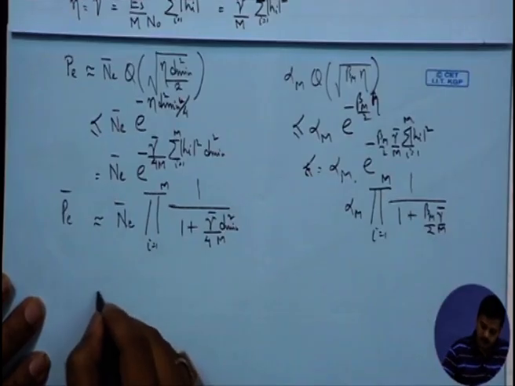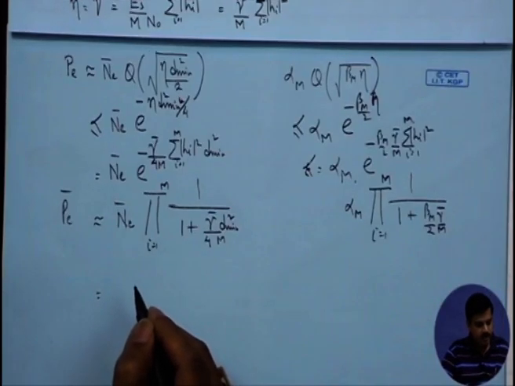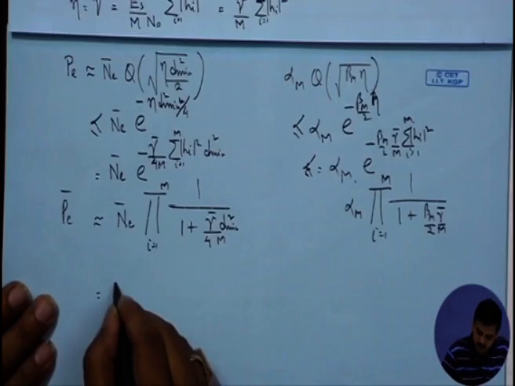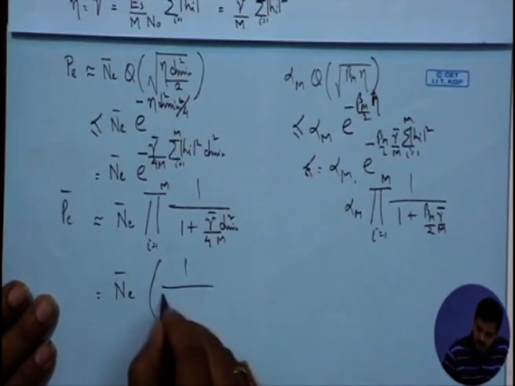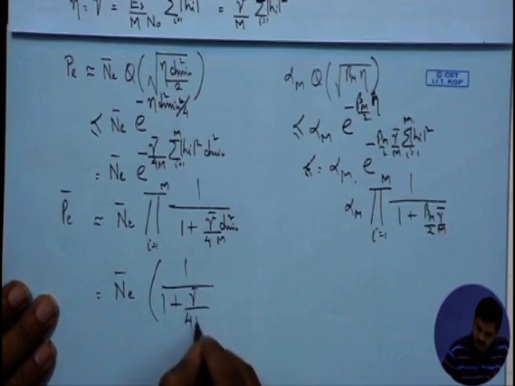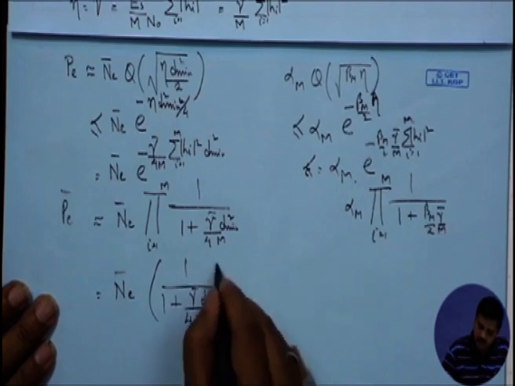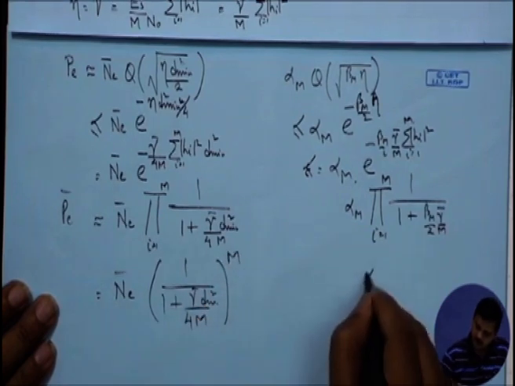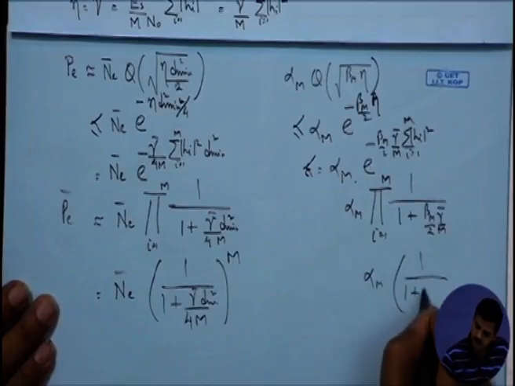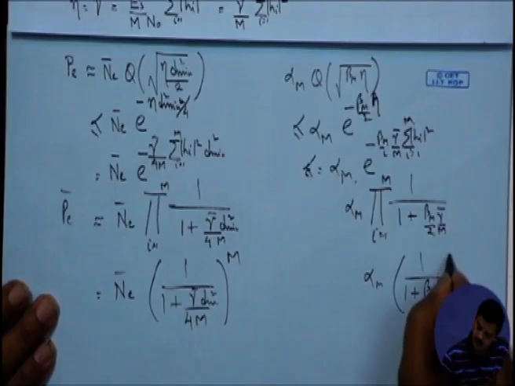So there is straightforward symmetry in these expressions. It could be written as 1 by 1 plus gamma bar by 4m d min squared raised to the power of m, and here alpha m times 1 plus beta m by 2 gamma bar by m raised to the power of m.